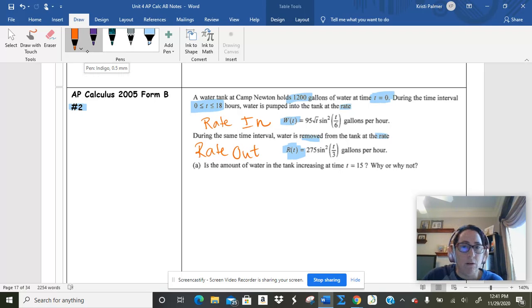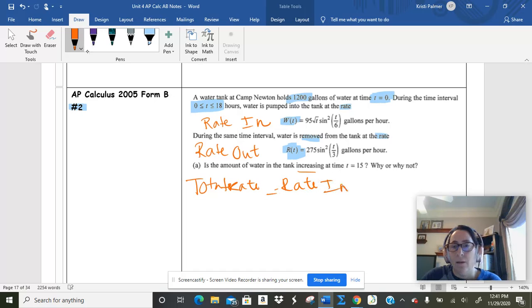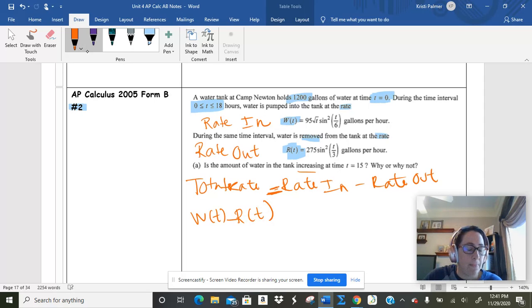So if I want to know if the amount of water is increasing or decreasing, I want to look at the overall rate. So my total rate is the rate in minus the rate out. So my total rate here, my rate in minus my rate out.